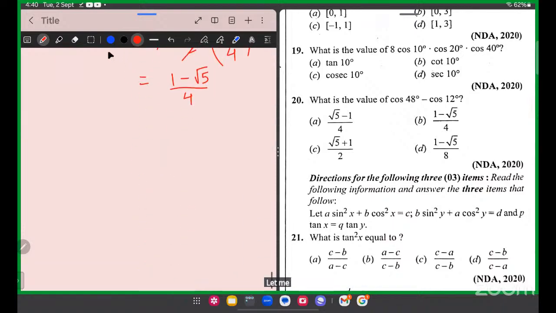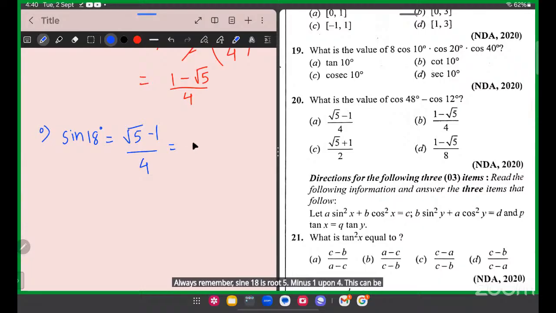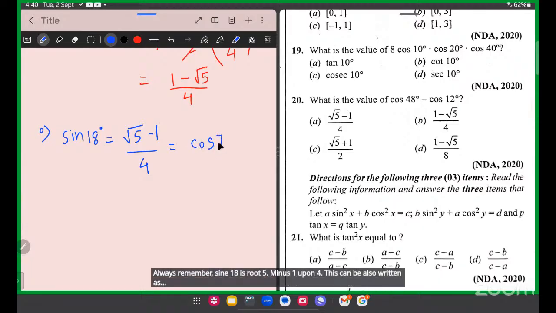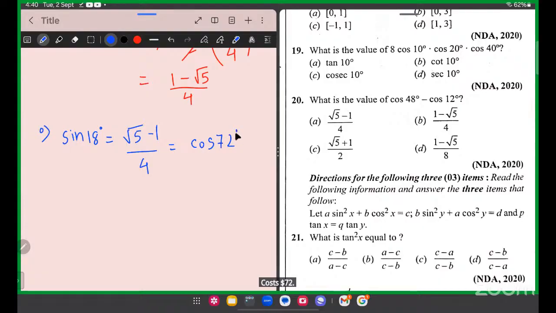Let me write some values here. What is sine 18? Always remember sine 18 is root 5 minus 1 upon 4. This can also be written as cos 72, because sine A is equal to cos B if A plus B is equal to 90.